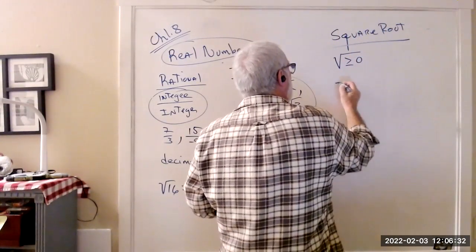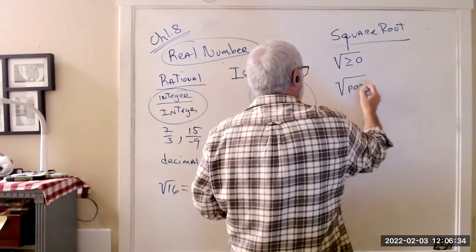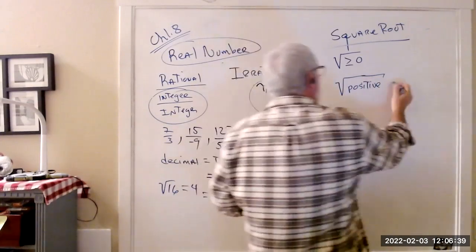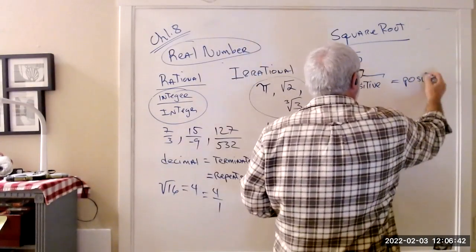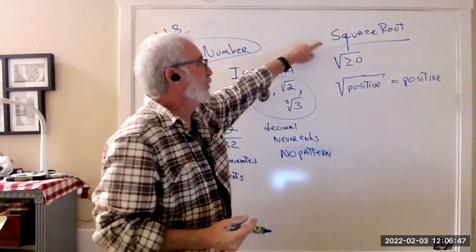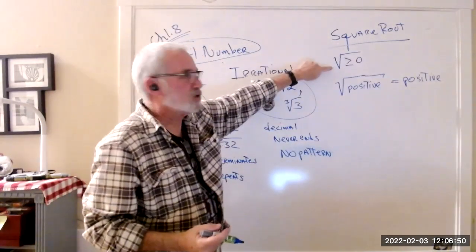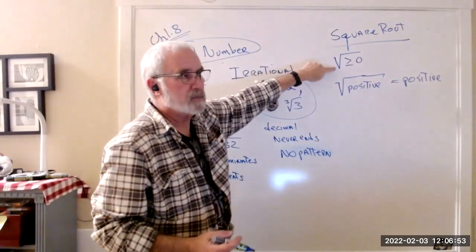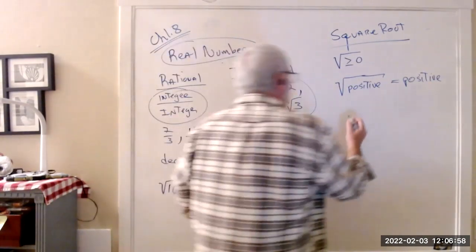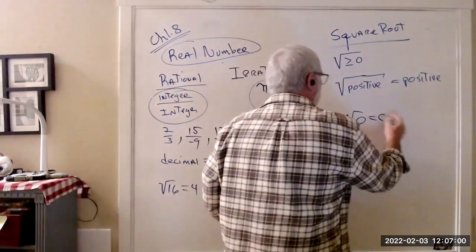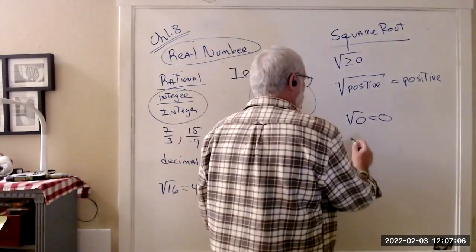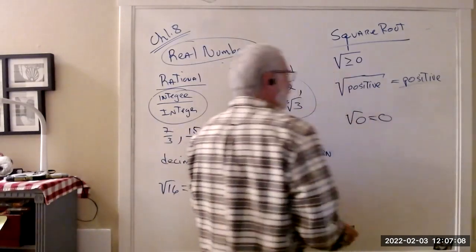What that means is the inside has to be positive, basically, and the answer is always positive. For a square root, the inside has to be greater than or possibly equal to 0. You have a square root button on your calculator, hit the square root of 0, you'll get 0. Put in any number you want, you'll get a positive answer.